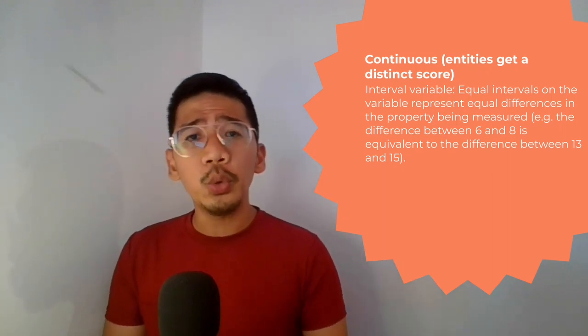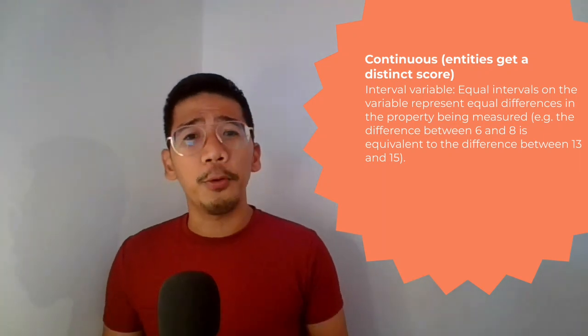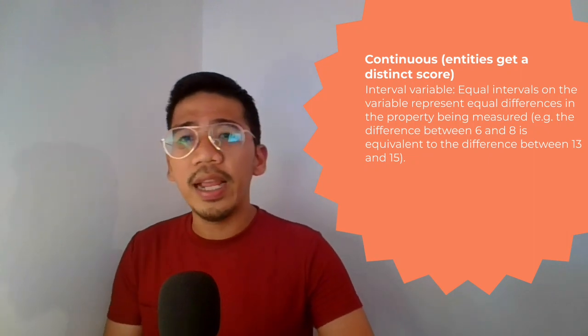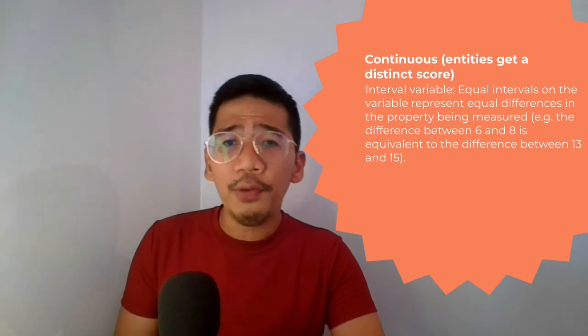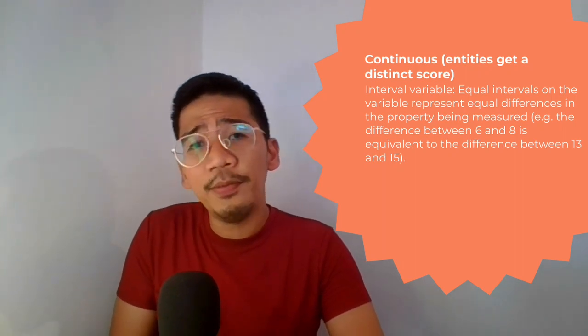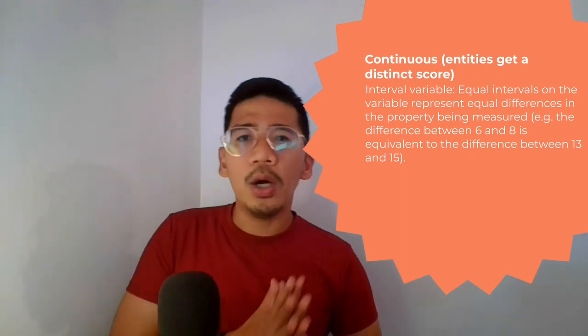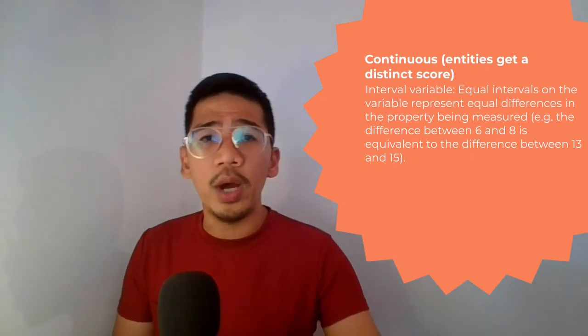For this to be true, the scale must have a true and meaningful 0 point. In our seller rating, this would mean that a seller rated as 4 would be twice as helpful as a seller rated as 2, who would also be twice as helpful as a seller rated as 1.